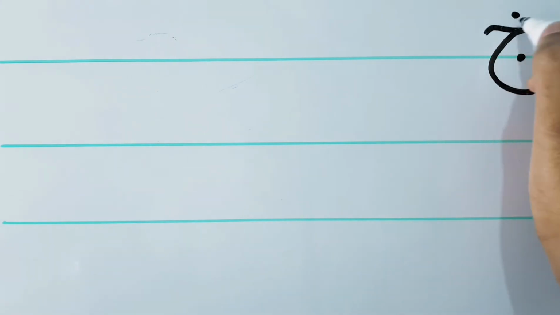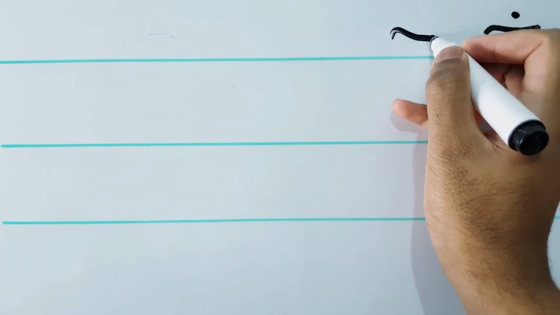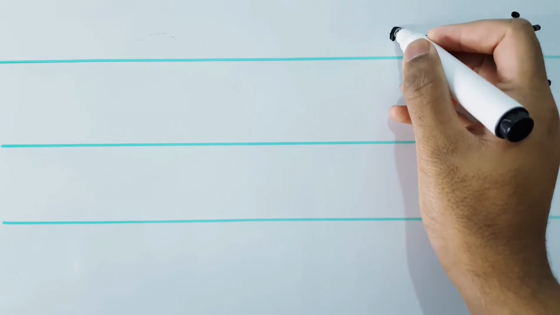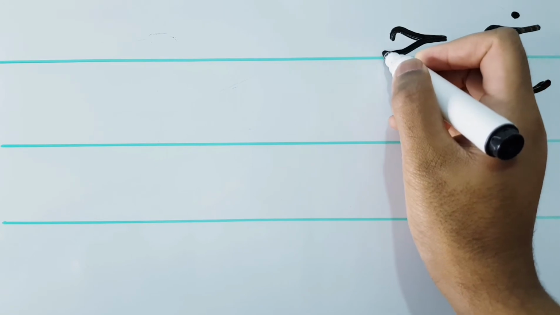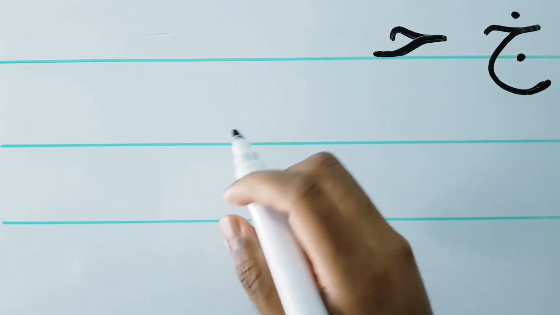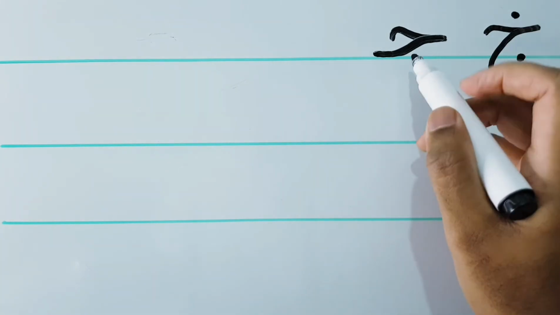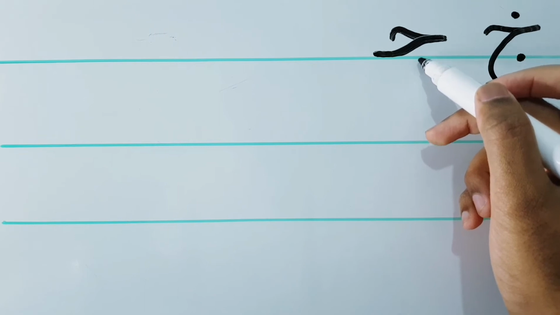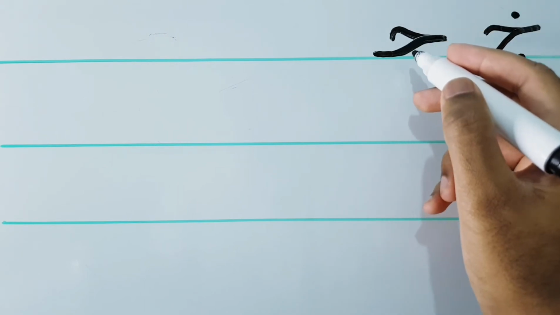So instead of going straight here, it goes downwards slightly. So like this. Yeah? Like that. Once we get there, we go to the middle and then we split. This is how it looks in the beginning. Jim, ha, and kha. So the only difference is the dots. So jim, ha without any dots, kha with 1 dot at the top. This is in the beginning.